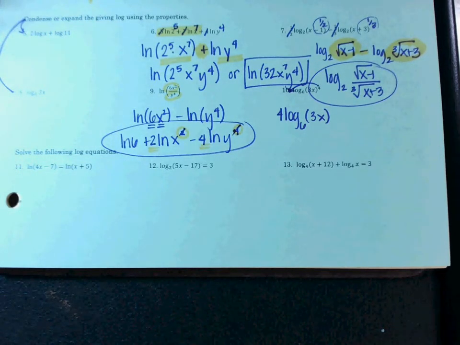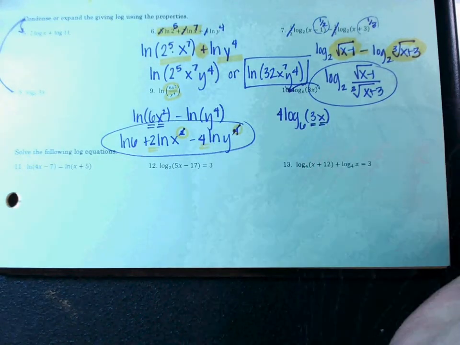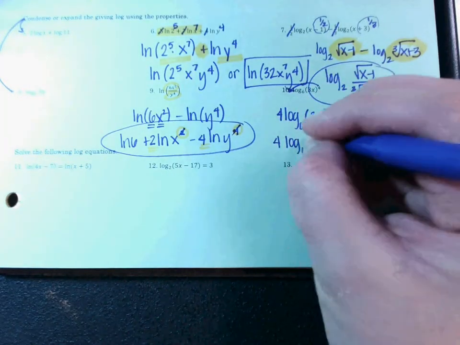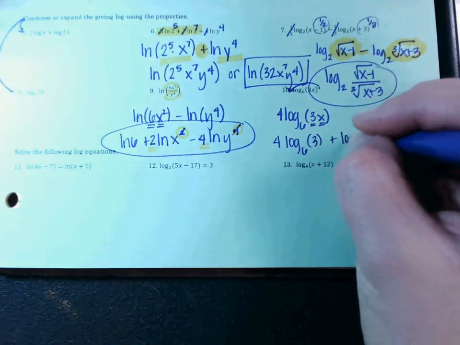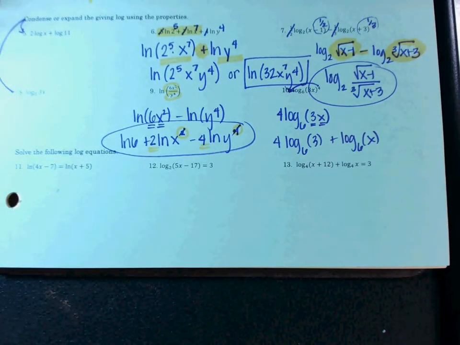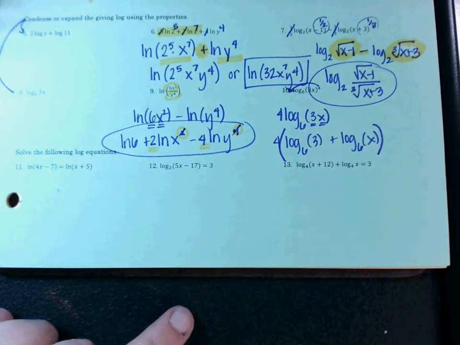And then 3 and x are multiplied, so for me to split them up, I have to do it by addition. So it'd be 4 times log 6 of 3 plus log 6 of x. And then remember that since the 4 was originally on the outside, it needs to stay on the outside. So you'll keep parentheses right there.